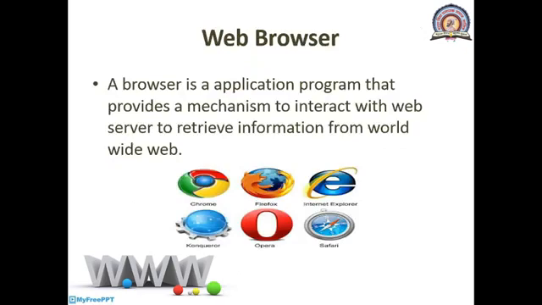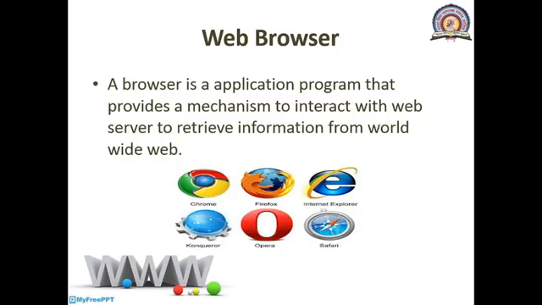Now, as we have seen, whenever any client, or we can say user, has to access information from the web server, it has to make a request. Then how can it make the request?